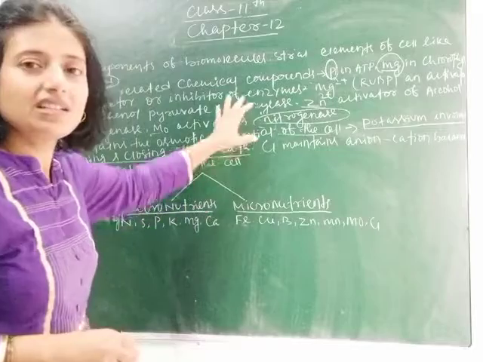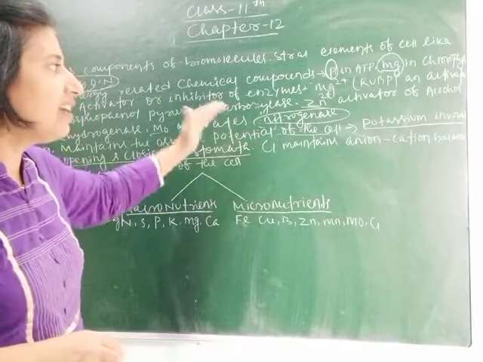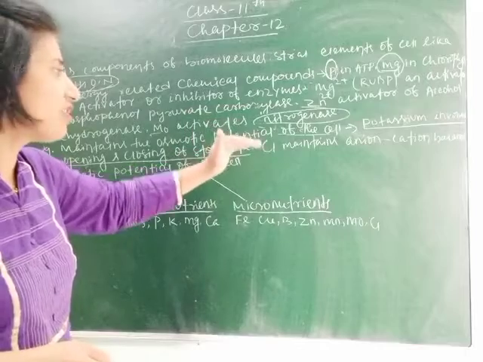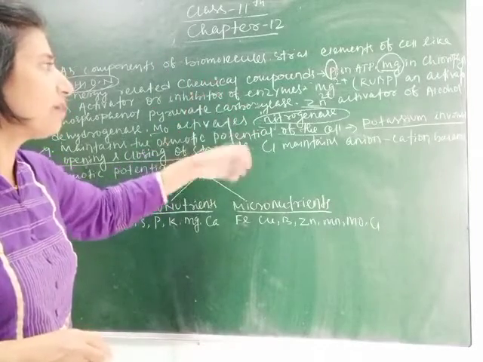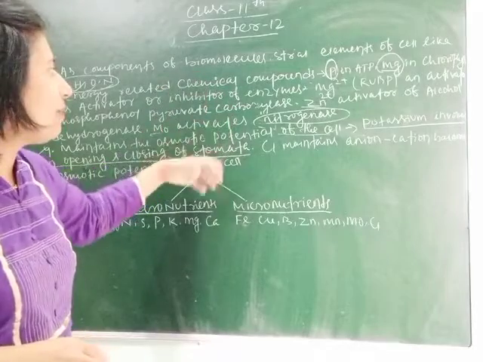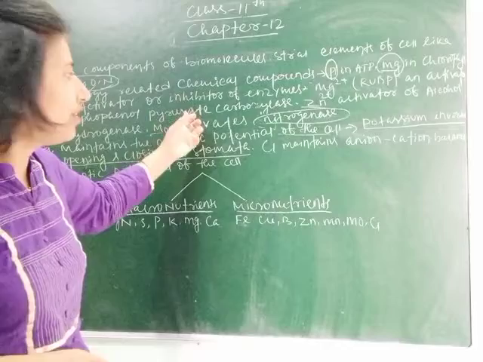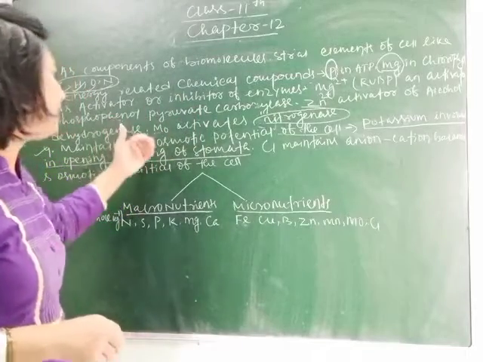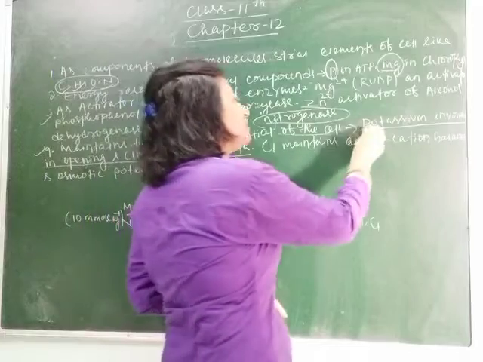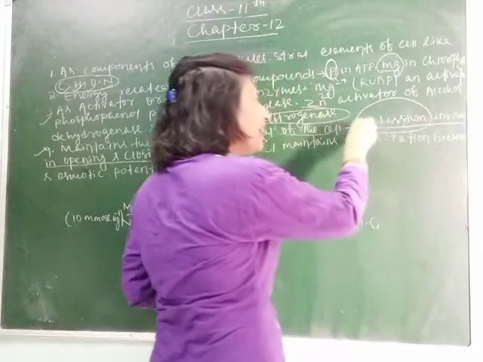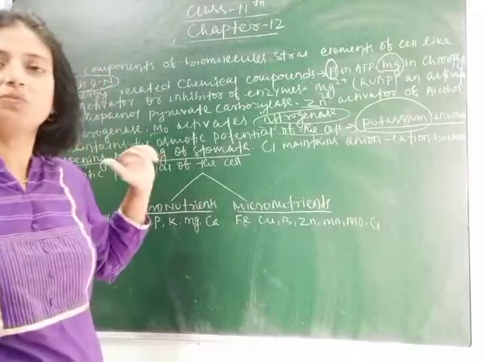So here are some examples of mineral nutrients which help in various functions of the plant, either by energy formation activities, or by forming biomolecules, or as activators or inhibitors, or by helping in the opening and closing of stomata. So here potassium is the important mineral that helps in the opening and closing of stomata.